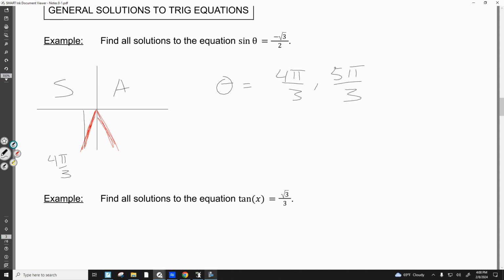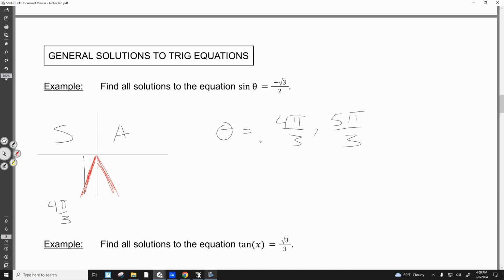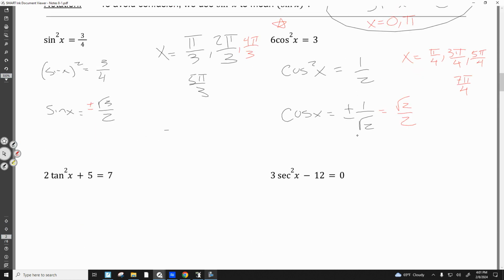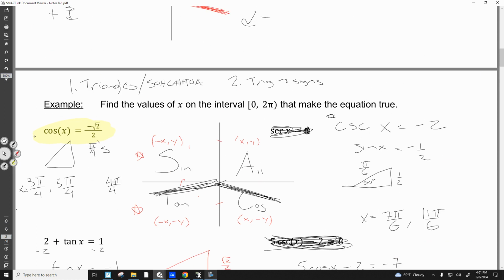What is going on? Well, you didn't pay attention to the directions. The difference between what I asked you here, which is find all of the x's in the interval from 0 to 2 pi, that was one prompt. So we actually just looked at one rotation of our circle. We did not go beyond that.